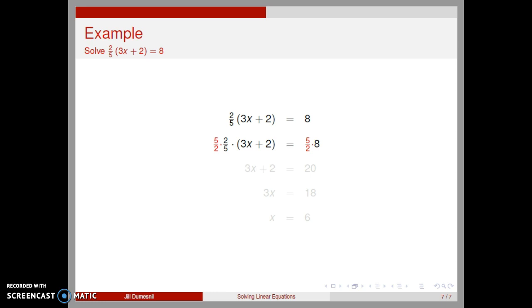Using the associative law of multiplication, we're going to multiply 5/2 by 2/5 to get 1. This leaves 3x plus 2 equals 20. Subtracting 2 yields that 3x is 18, so x equals 6.